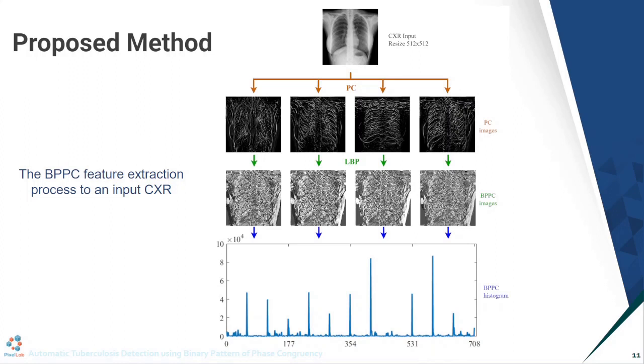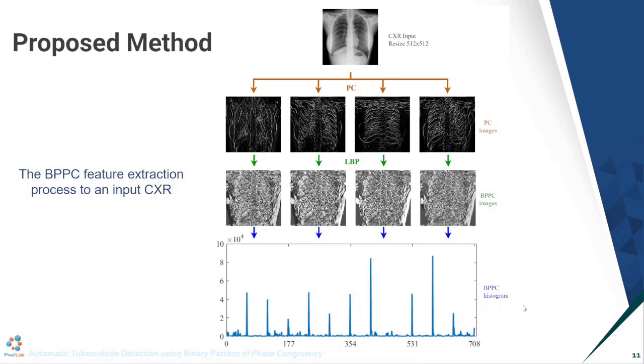The first step in BPPC is finding the image's PC in different orientations. Then, taking 4 directions and dividing the frequency plane uniformly, the resulting input image features are obtained by concatenating each of the 4 BPPC images' histograms in one direction.